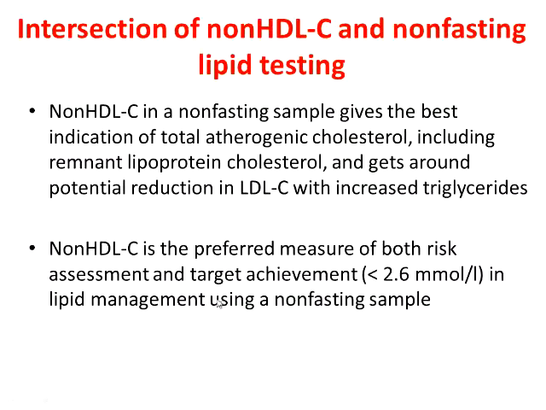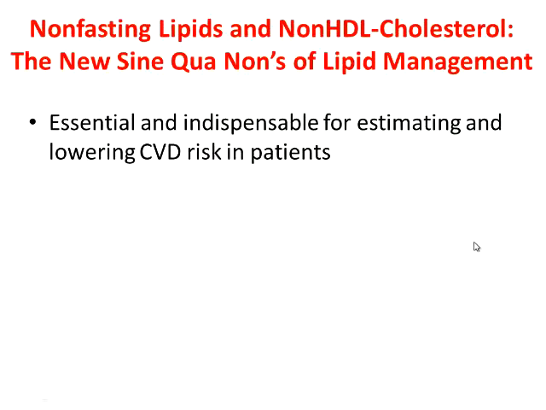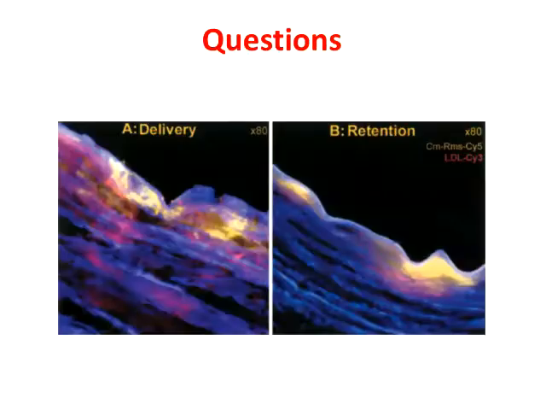So it's the preferred measure for both risk assessment and target achievement using a non-fasting sample. I hope I've convinced you that these are essential and indispensable components of lipid management, and they need better names, non-HDL cholesterol and non-fasting. But anyway, happy to take questions and comments.